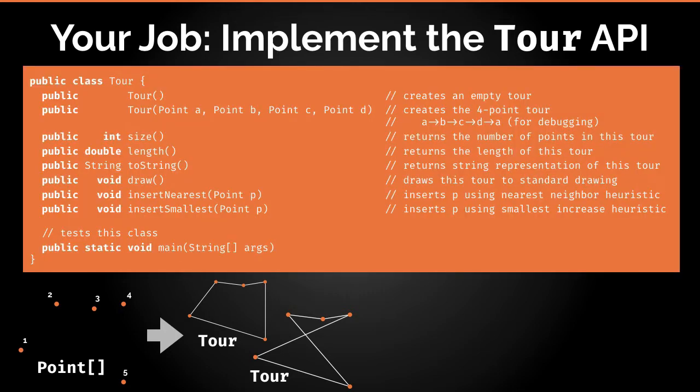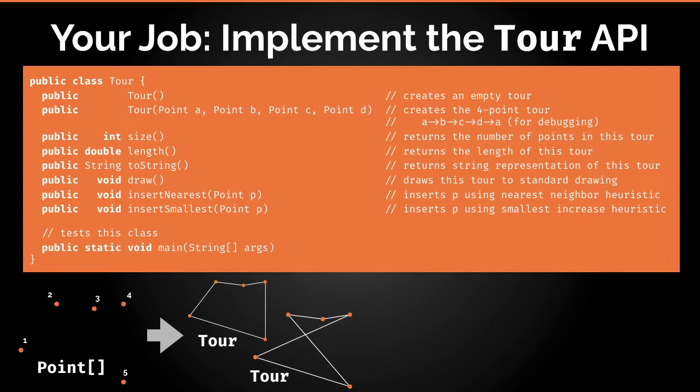So the API of the tour is as follows. There are two constructors. The first constructor creates an empty tour. The second one creates a tour with 4 points. That's going to be useful for testing properties. And then you have two sets of methods. Some that simply look at what you currently have.